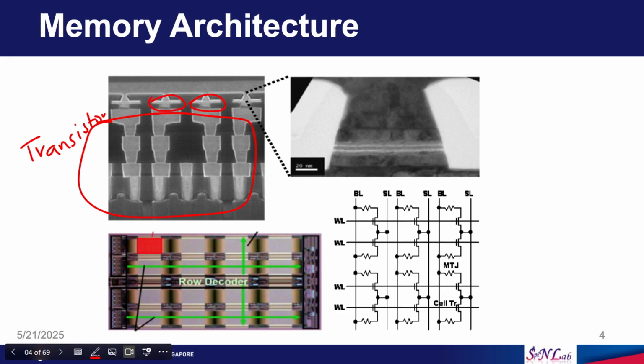These are the MTJs, magnetic tunnel junction. If I zoom in, it will look something like this. We may have the MgO here, free layer somewhere here and reference layer, all those things. This is the magnetic tunnel junction that stores the information.